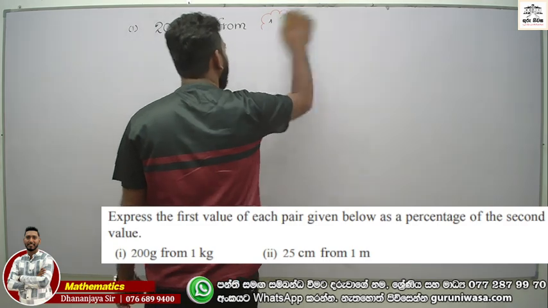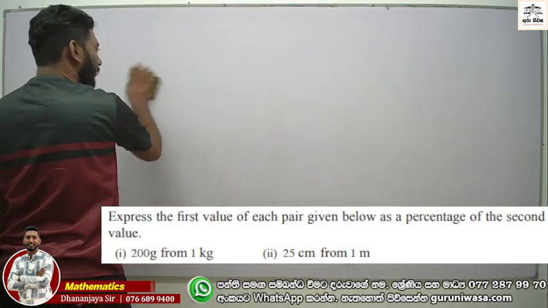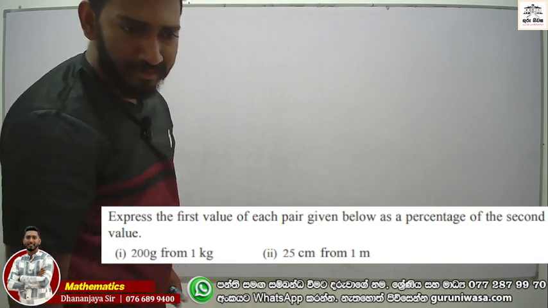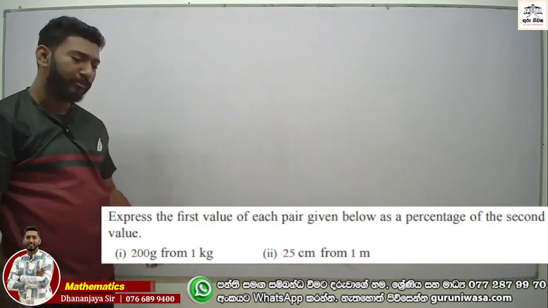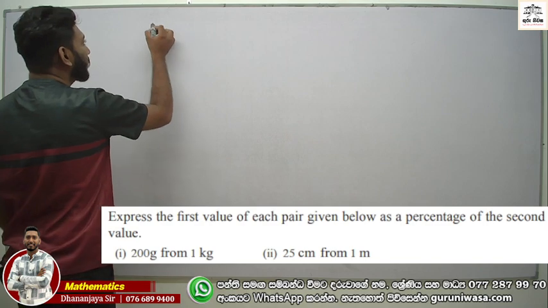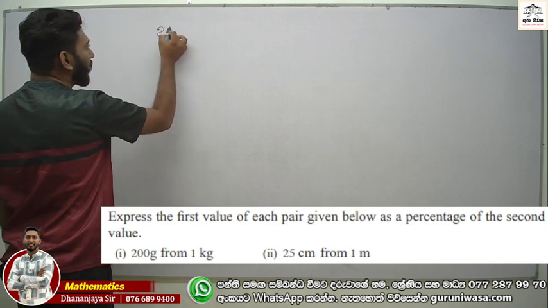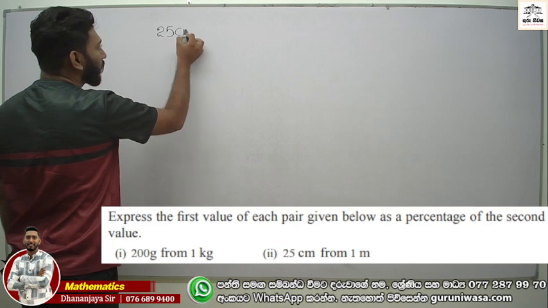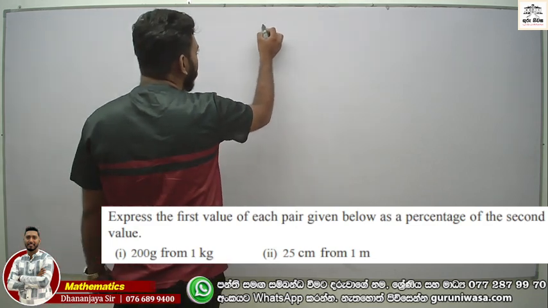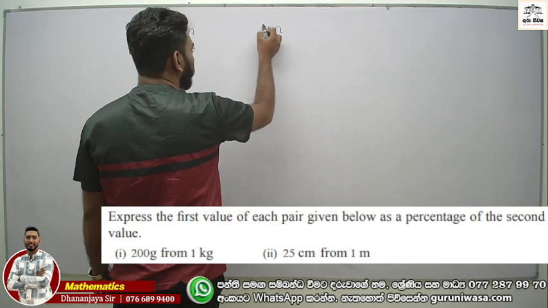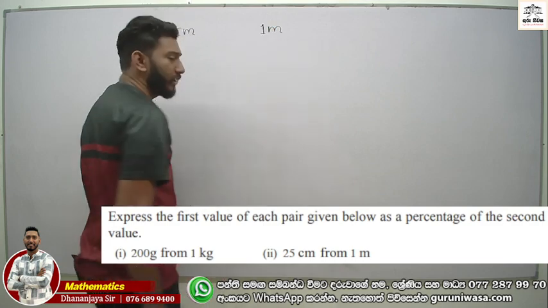Answers දාන්න පුතේ. 25 cm from 1 meter. 25 cm, and the second quantity is 1 meter.